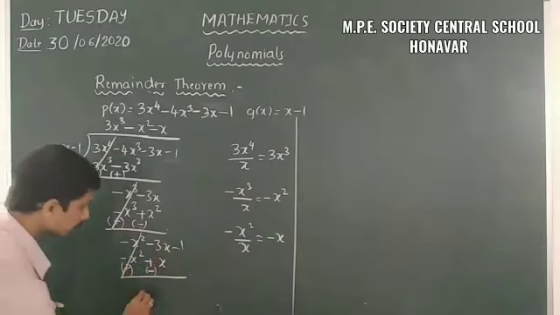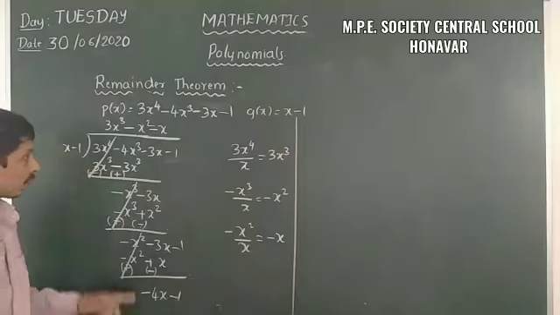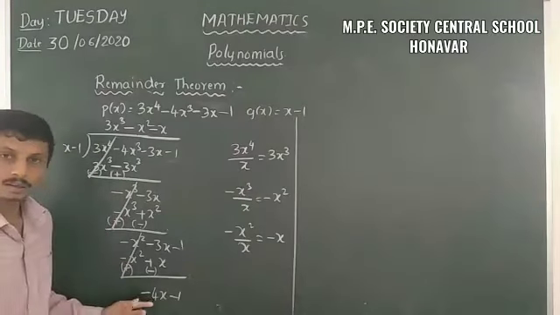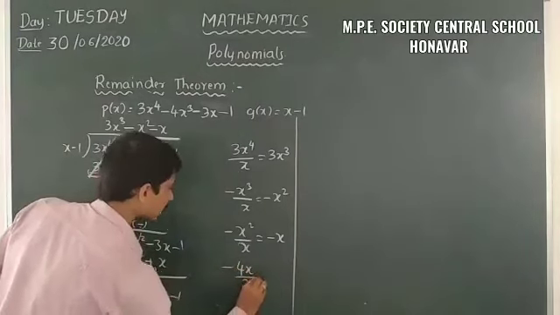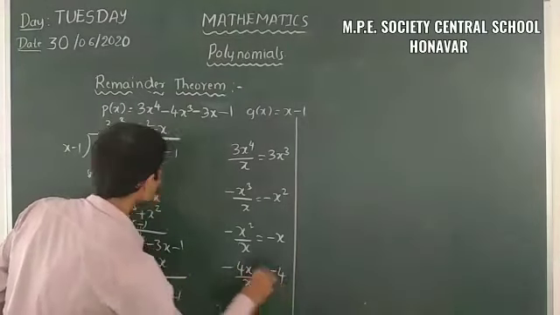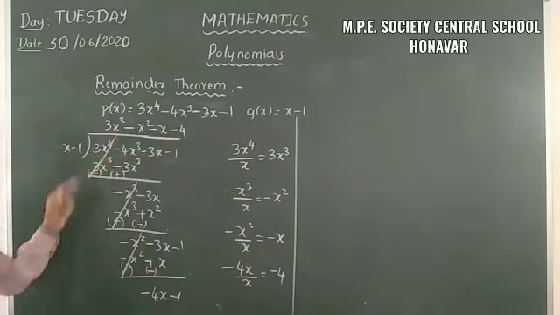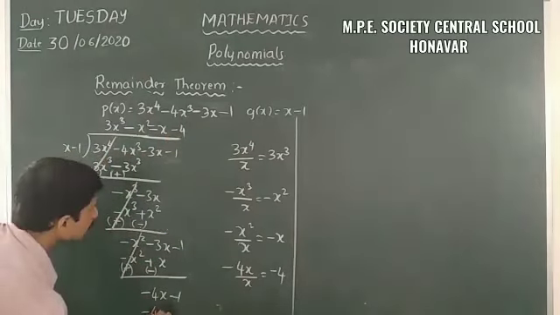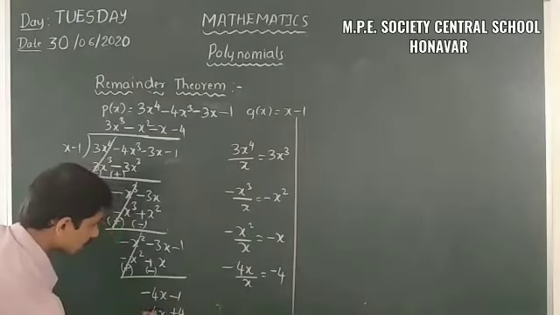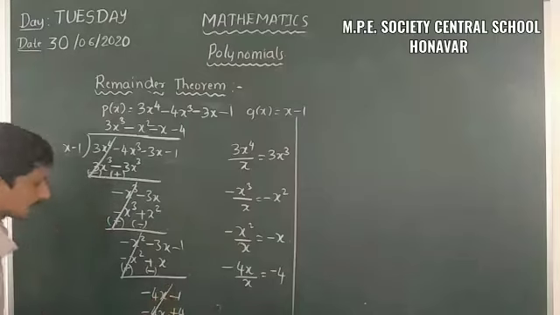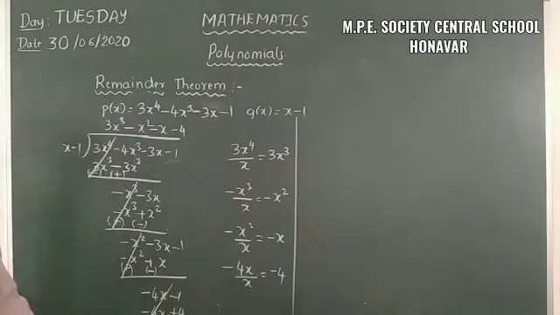Minus 3x minus x is minus 4x, minus 1. Then again we take the first term, minus 4x divided by x is equal to minus 4. So we multiply minus 4 by x minus 1, giving minus 4x plus 4. We change the sign, so it cancels out. Then we got minus 5 here.